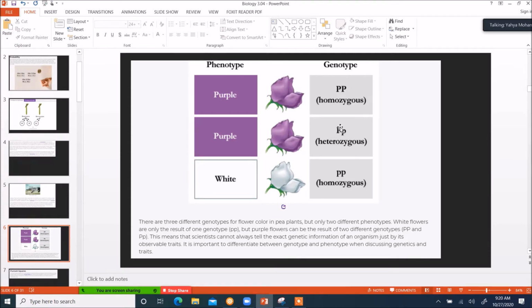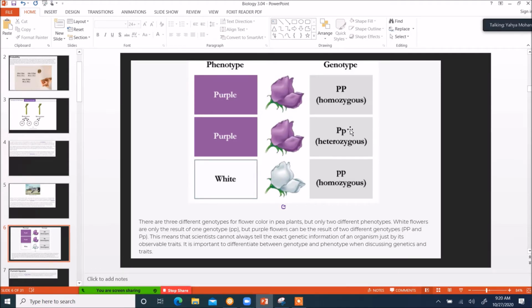This plant received two capital P's at the top, one from one parent, the other capital P from the other parent. So both of these are dominant alleles. Now this one over here received one capital P and one lowercase p.